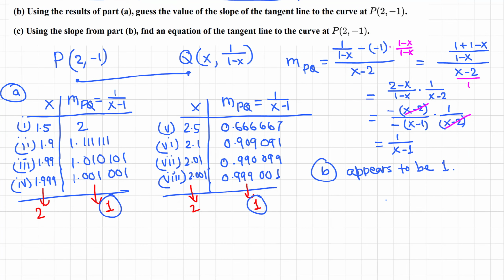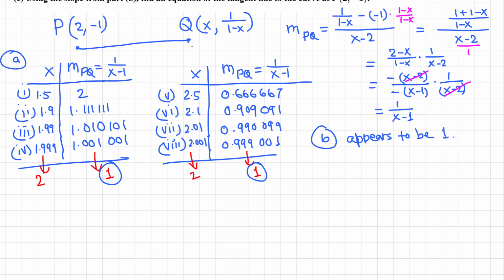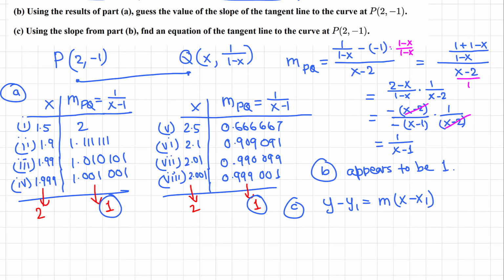That's the slope of the tangent line. Now in part C, we are asked to use the slope from part B, which is 1, to find an equation of the tangent line to the curve. An equation of a line means y equals mx plus b, or we can use the equivalent formula, y minus y1 equals m times x minus x1. M is the slope, and (x1, y1) is the given point. We are finding the tangent at (2, -1), as in the question.